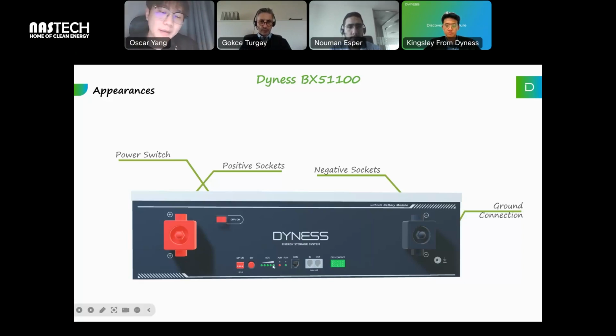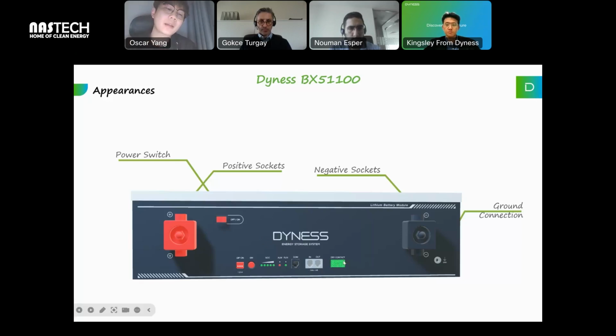And these are SOC LED lights, alarm lights, and run lights to show the running status. This is the communication port, and the CAN-in, CAN-out for paralleling and for communicating with the inverters. This is the dry contact.